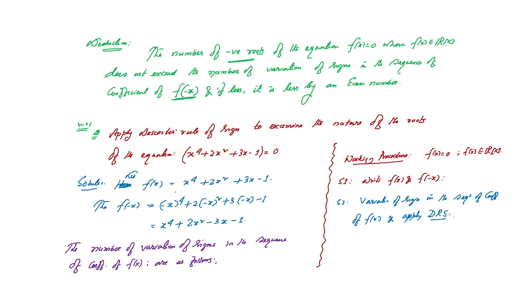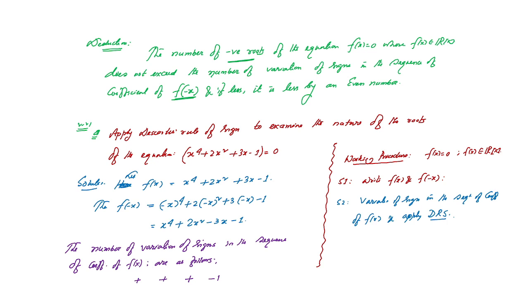First, the coefficient is positive 1. Second, the coefficient is positive again because it is 2. Then the coefficient is 3, so it is positive, and then the coefficient sign is negative. So how many variations of sign? There is only one variation of sign.